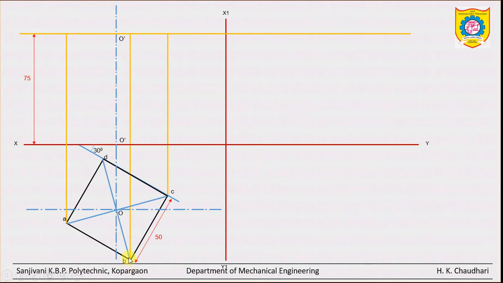Now draw the projection from point B in this way and similarly from point D. So now see, edge B is in front, edge D is back side. This edge A is left side and edge C is right side. So label them first.